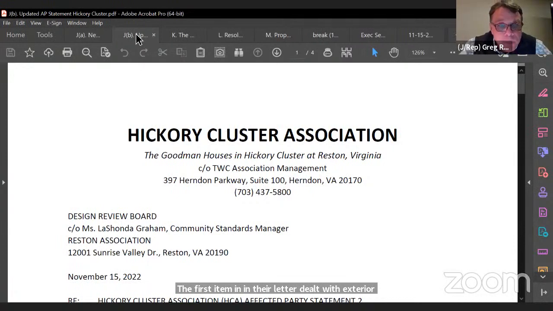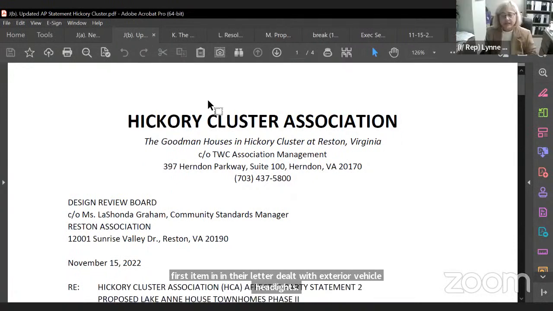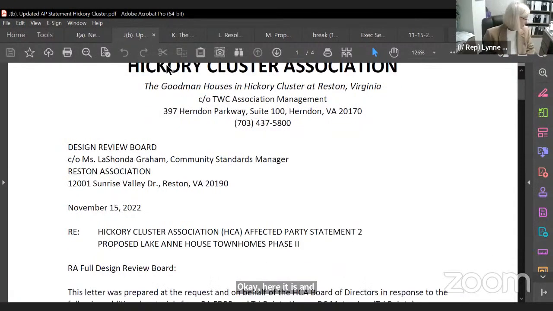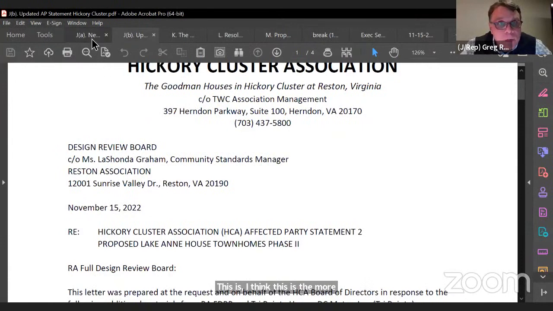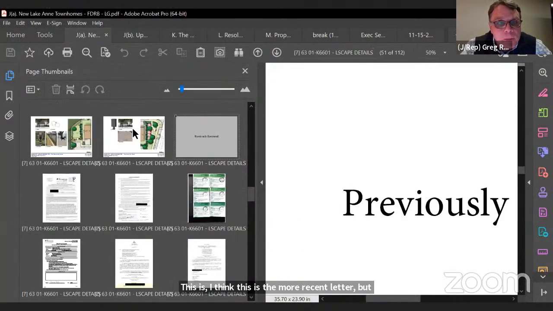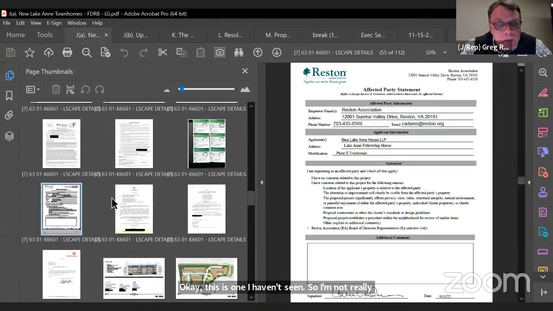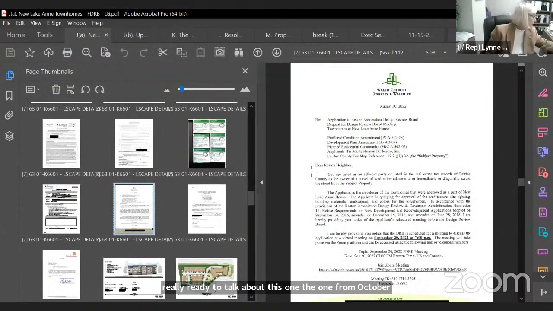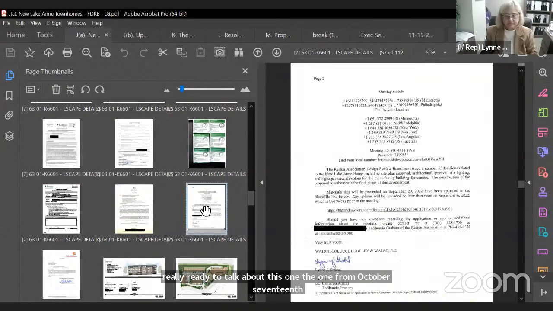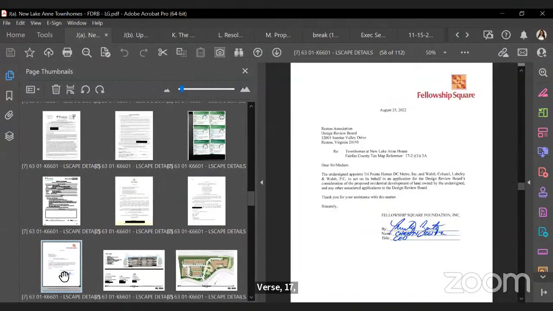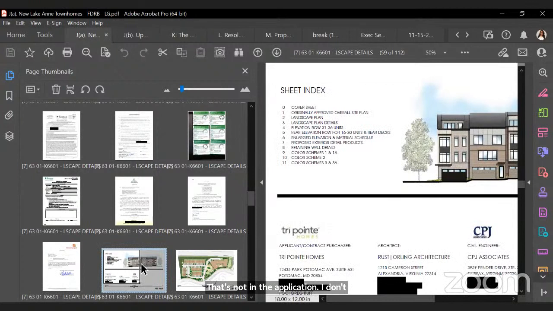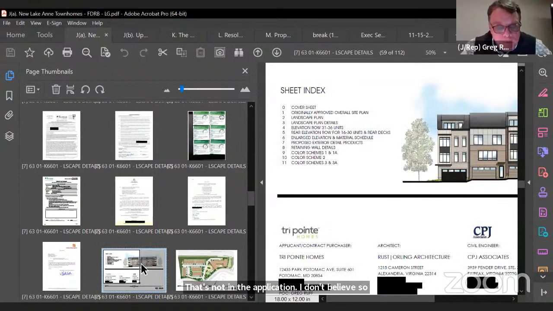Okay, I think this is the more recent letter. This is one I haven't seen, so I'm not really ready to talk about this one. The one from October 17th. That's not in the application, I don't believe. So if you want to just go through the points, sure, we'll present. No problem.